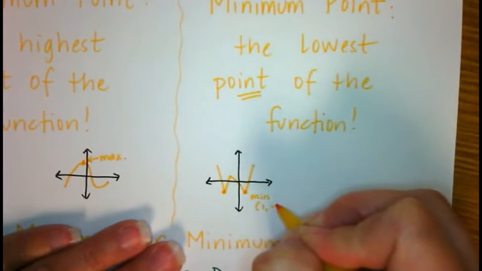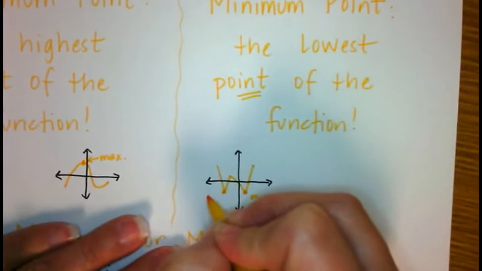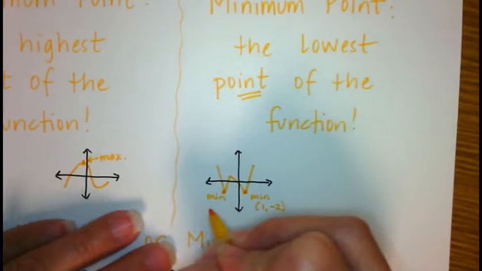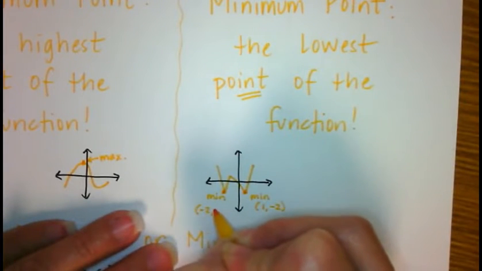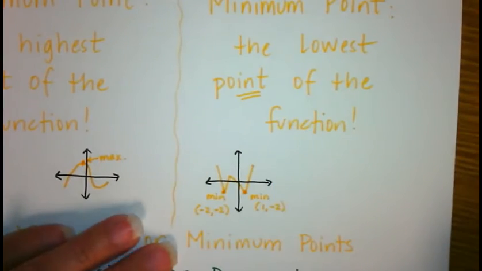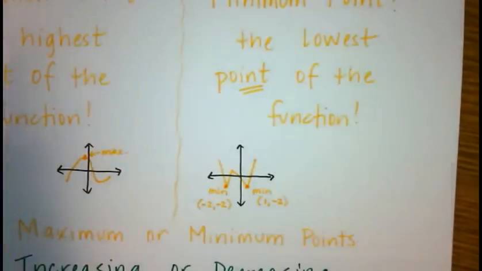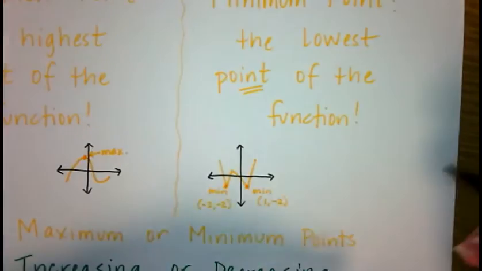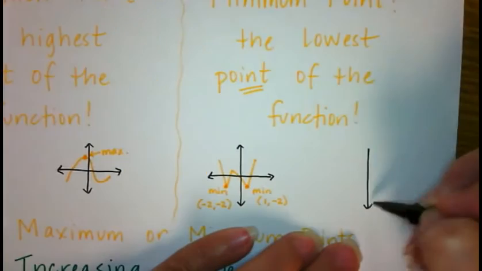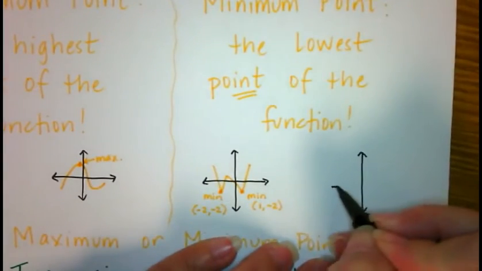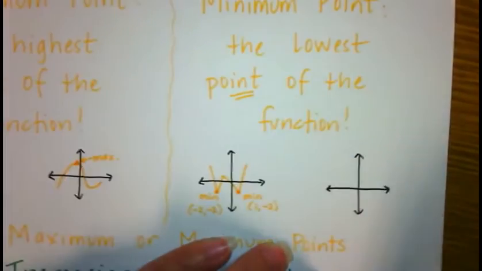Maybe this is at (1, -2). And then here's another minimum point over here. Maybe this one is like (-2, -2). So it's possible to have 1 or 2, or it's even possible to have none. So this is an example of that situation.